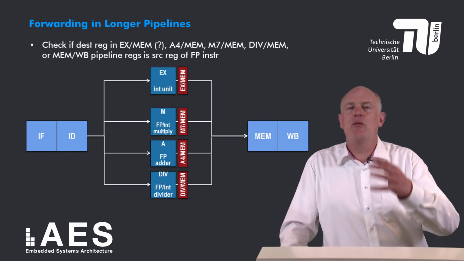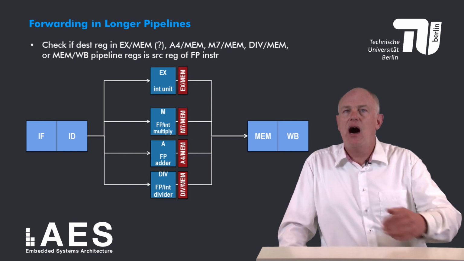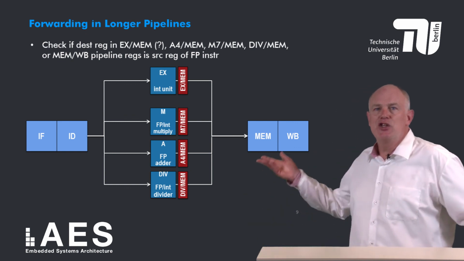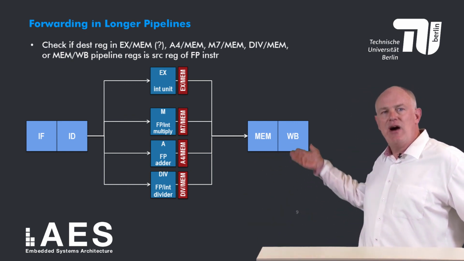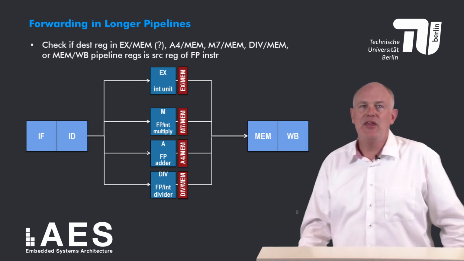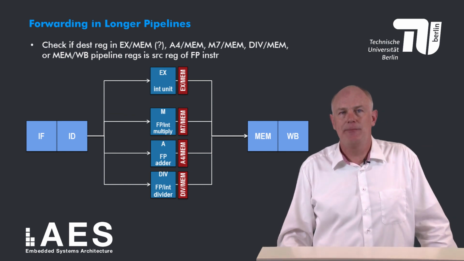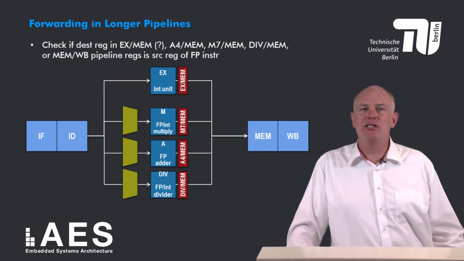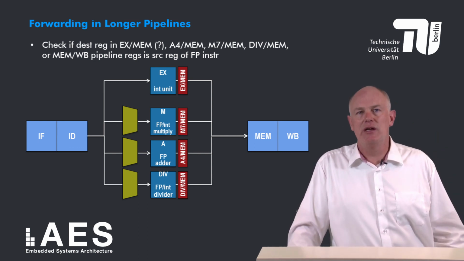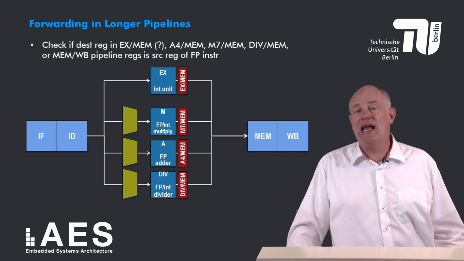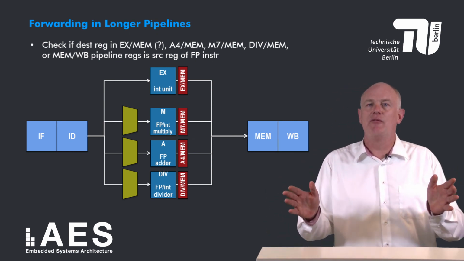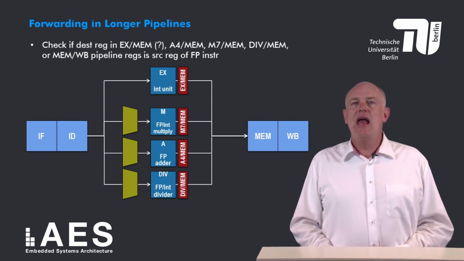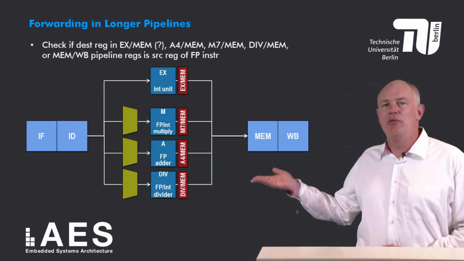In this figure, I will try to sketch how forwarding to floating point instructions can be implemented. The figure shows the execution units and the final pipeline register at the end of every execution pipeline. First, we need very large multiplexers in front of every floating point unit. These multiplexers select between the values that were read from the floating point register file in the previous cycle during the decode stage and the results that have been computed in the previous cycle.